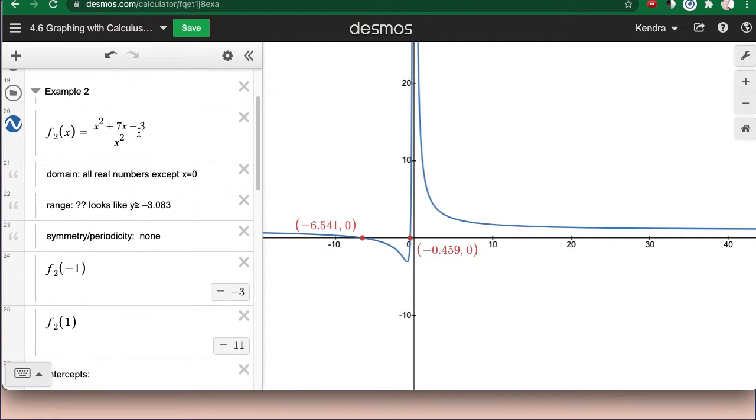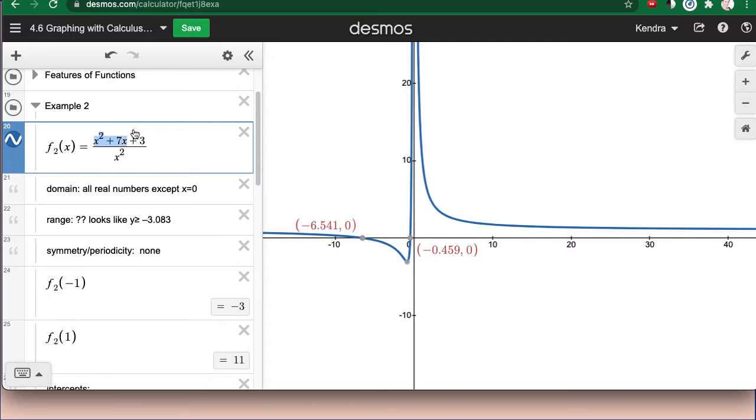And for rational functions, the end behavior, the limits at infinity, are affected by the relative degrees of the numerator and the denominator. When the numerator and the denominator have the same degree, then the limit is the ratio of the leading coefficients.